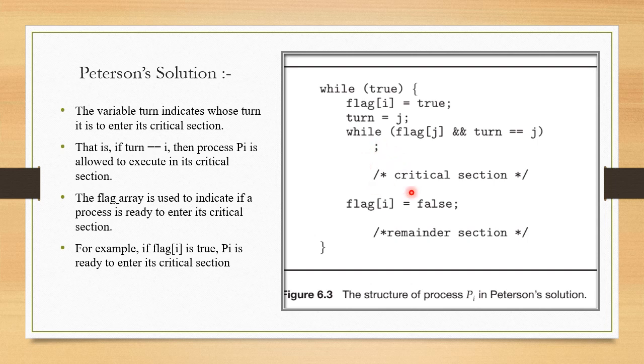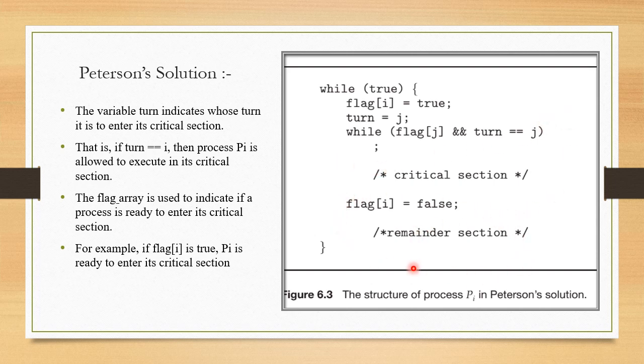Now, after it executes its critical section, it comes out and starts executing its remainder section, and in the meantime, flag[i] becomes false. Here it was true, meaning it was ready to execute, and now it becomes false. That means it has been allowed to execute its critical section, while process j executes its remainder section.